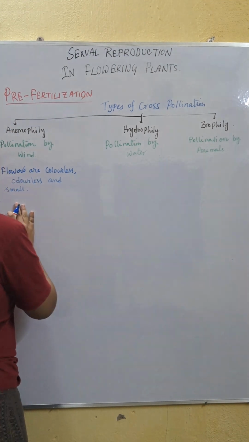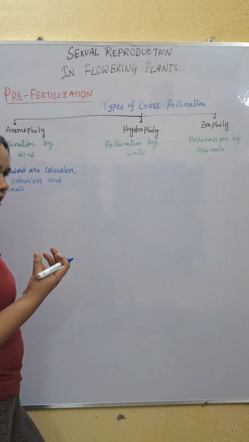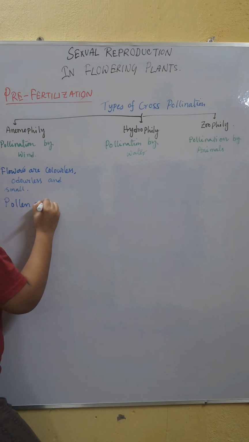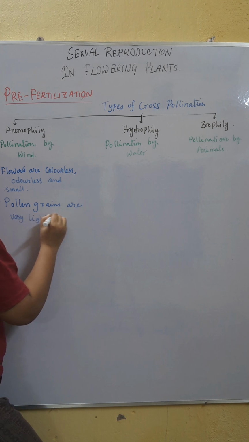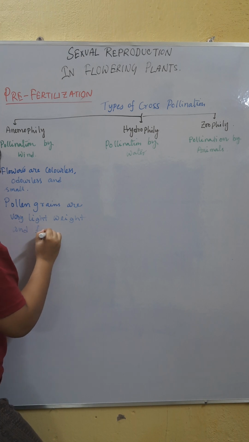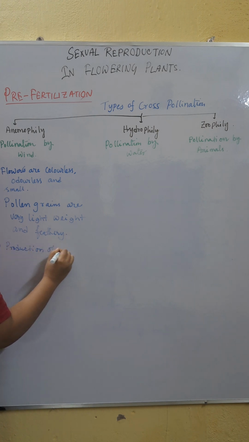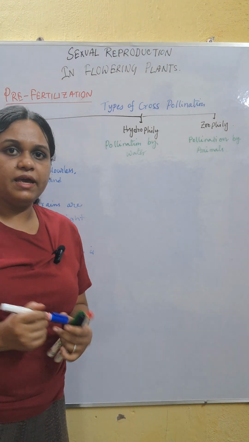But wind is an abiotic factor, so it doesn't need any kind of attracting agents. The pollen grains are very lightweight and feathery. Production of pollen is very high, because when it is going far in the wind, it may be wasted.